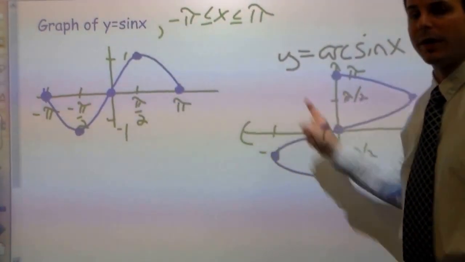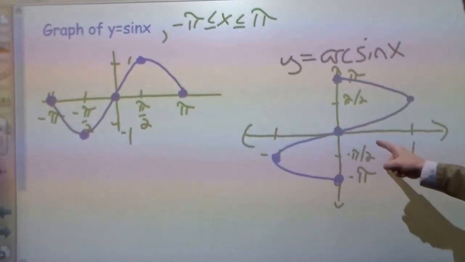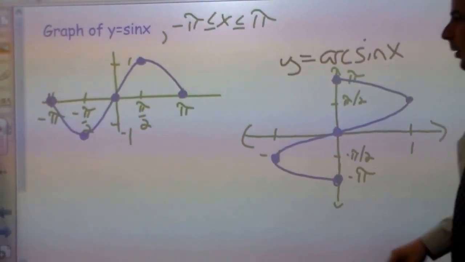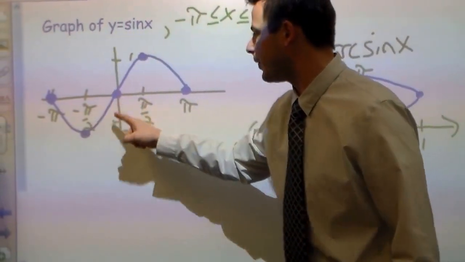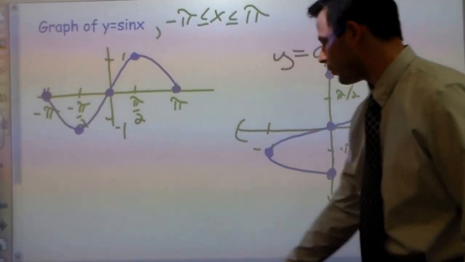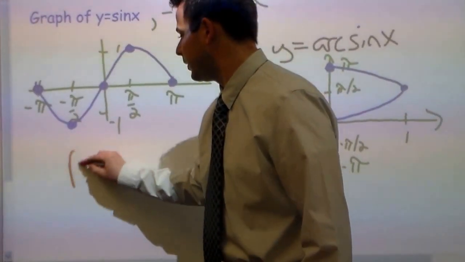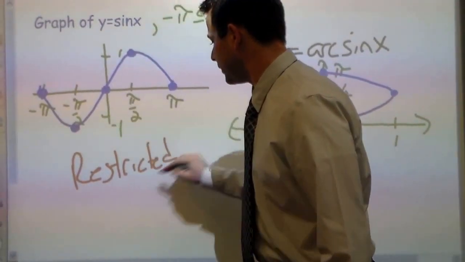They were y values, now they're x values. This is not a one-to-one function. So this is not a function at all. Because once we interchange x and y, we have repeating y values. Those repeating y values are now repeating x values. So this problem, we have to go through what's called a restricted domain.